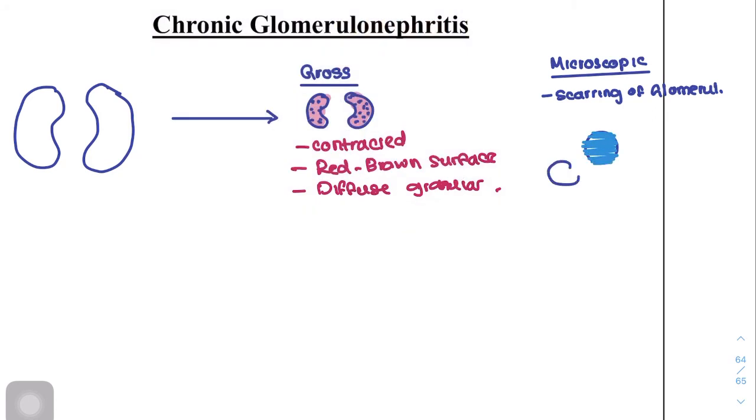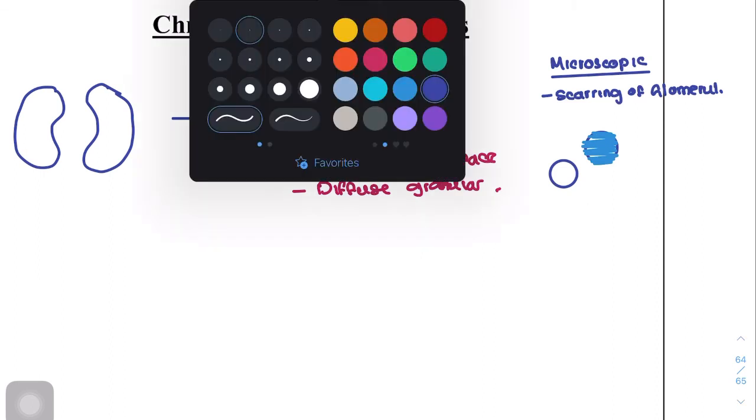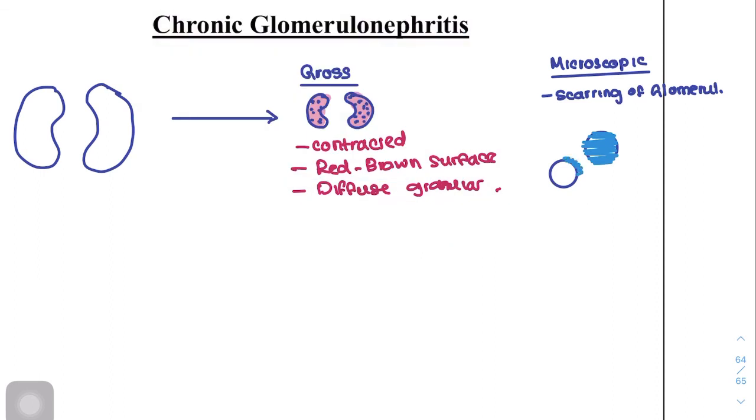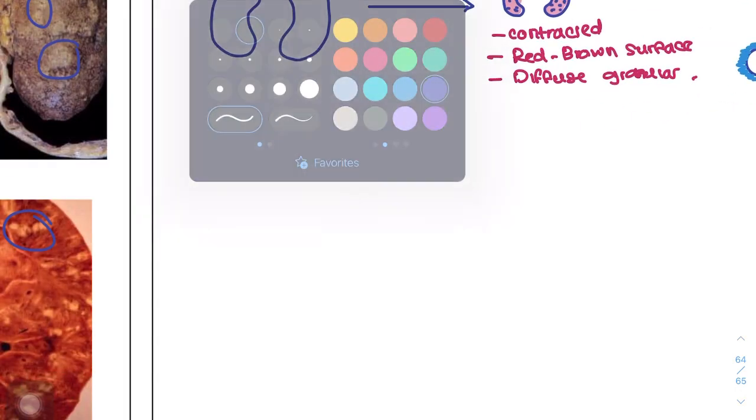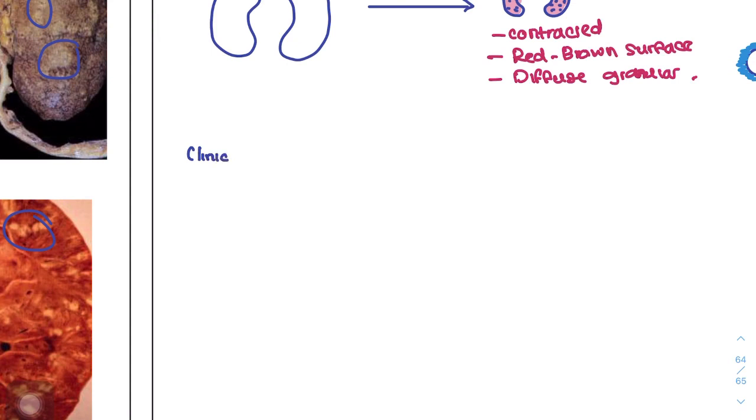If this is a glomerulus, there's going to be collagen all around it. This is from a special stain, but we get collagen deposits. Next, the clinical picture.